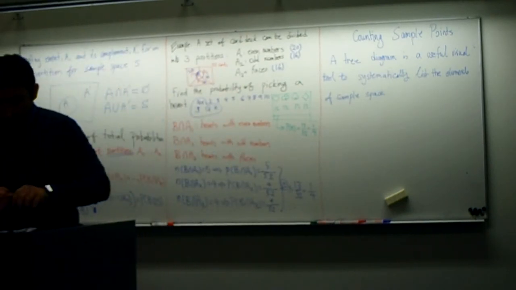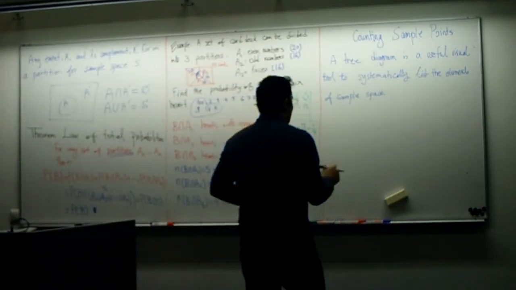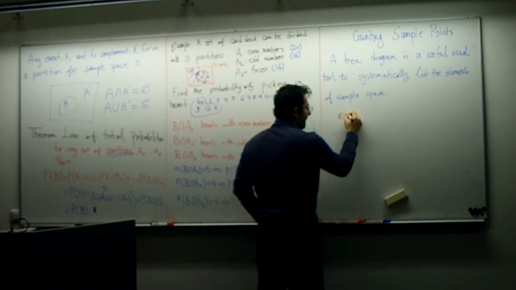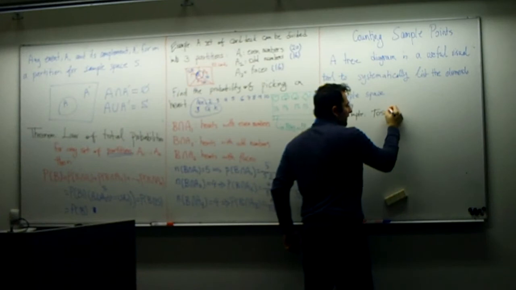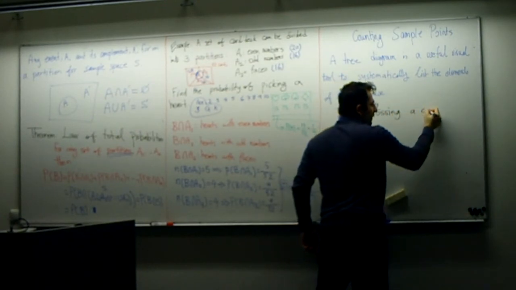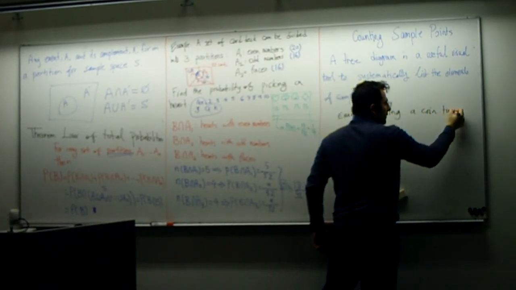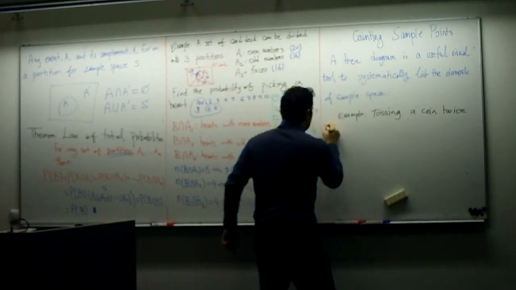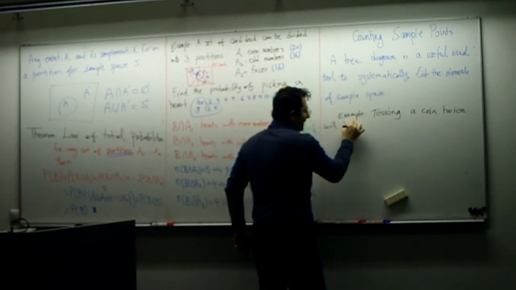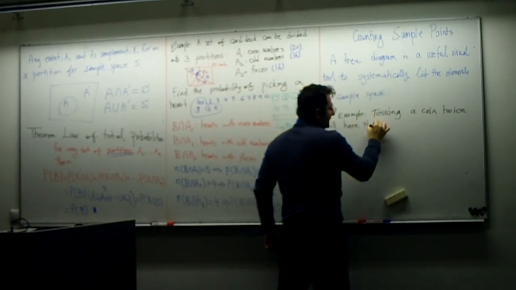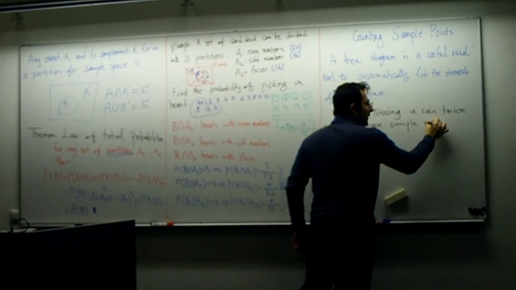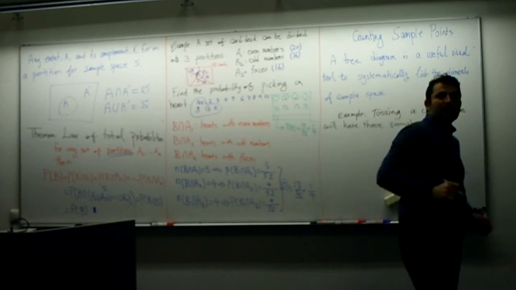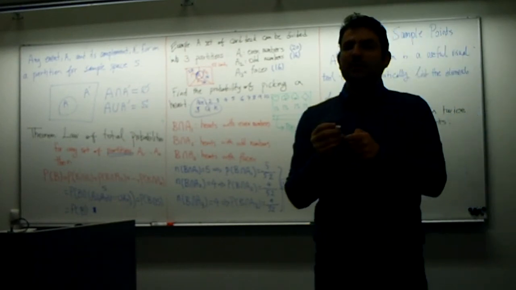And a very famous example is tossing a coin twice, which will have these sample points. We know that if I toss a coin twice, what are the sample points?